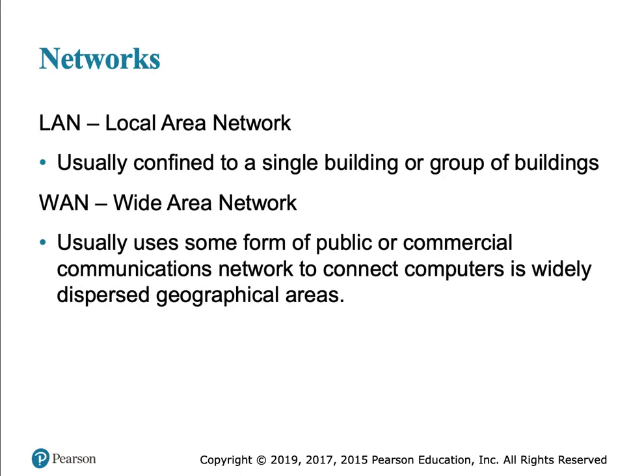A local area network is basically one within an actual building or within a small group of buildings, much like the Joliet campus of JJC. That's a local area network. Or the Romeoville campus of JJC is another local area network. When we start connecting between different cities or towns, that's considered a wide area network.